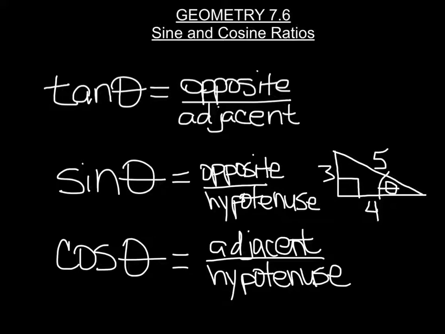So if we were looking at this right triangle and we were going to find the sine of theta, the side opposite of theta is 3, so the side opposite would equal 3 over the hypotenuse, which is 5, so 3/5, or 0.6000. Remember, we're using 4 decimal places. The cosine of theta is a side that is adjacent to the angle, which is 4 over the hypotenuse, which is 5.